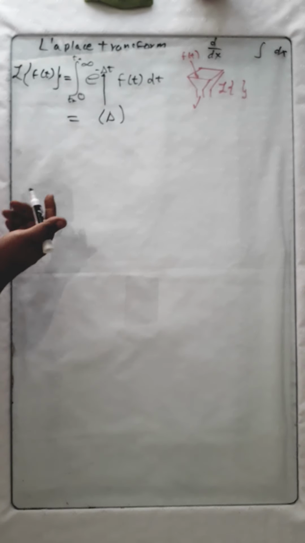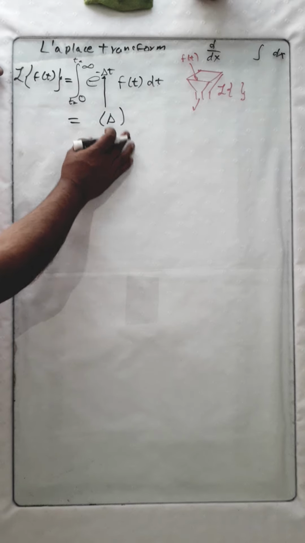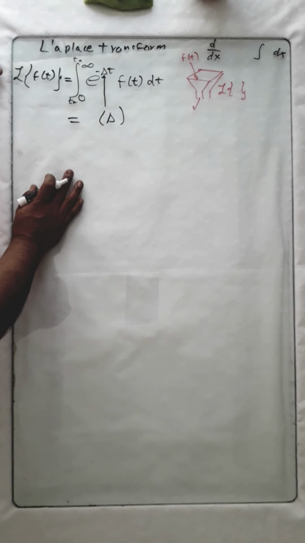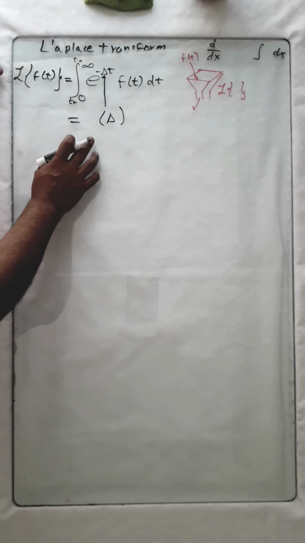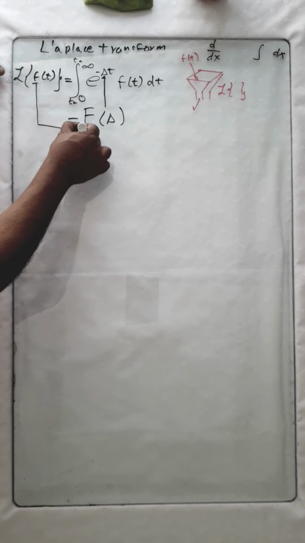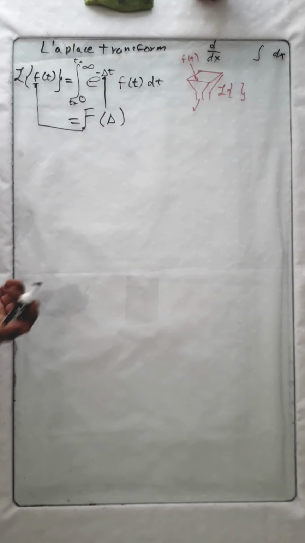Now, the only variable that survives here is the variable s. But the function being transformed is f of t, so what we are going to use is capital F. Meaning that you have transformed this function, and this is capital F of s. That is a convention in the book: if you are in the t domain, you use f in small letters.